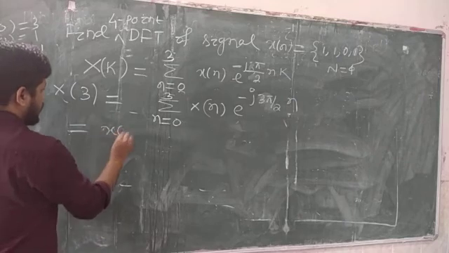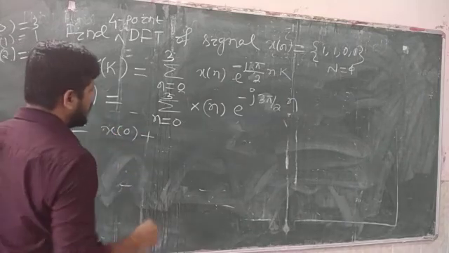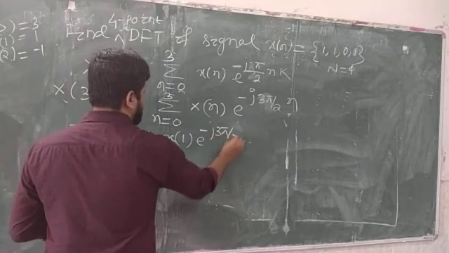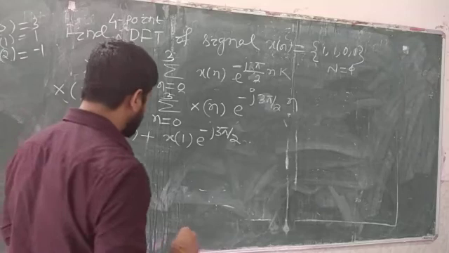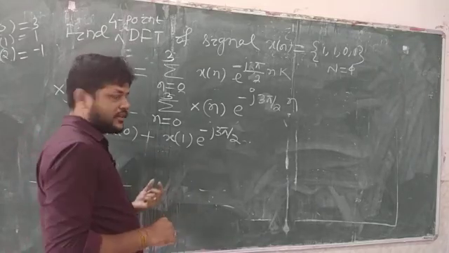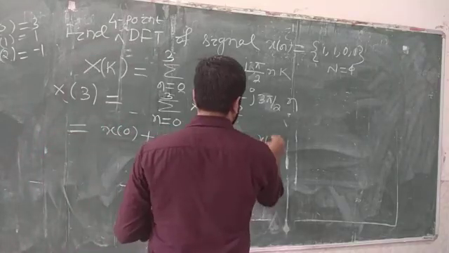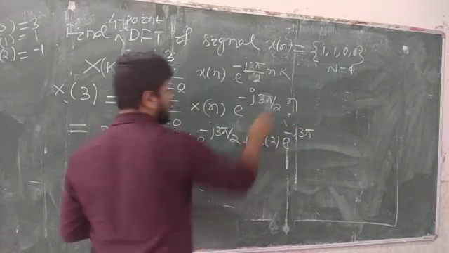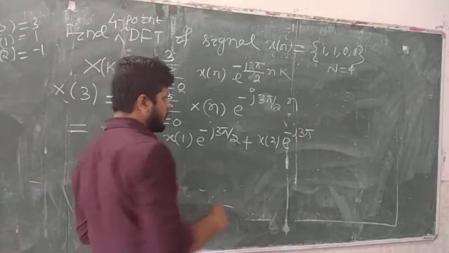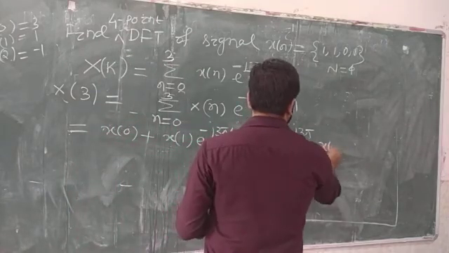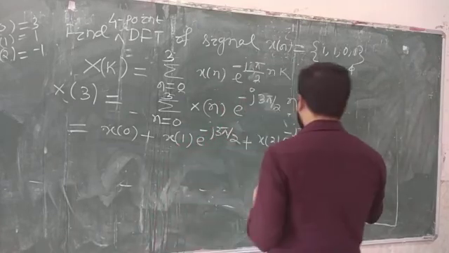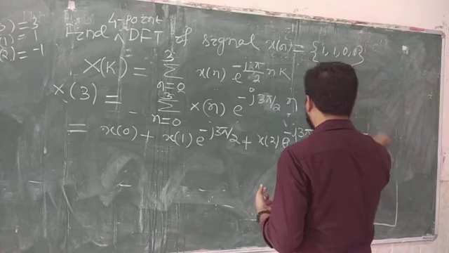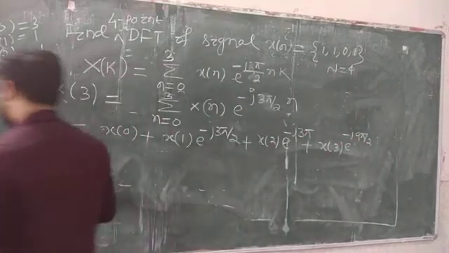So x of 0 plus x of 1 e to the power minus j, in place of n we have to put 1, hence e to the power minus j 3 pi by 2, plus x of 2 e to the power minus j 3 pi, because in place of n I am putting 2, so the 2 cancels out, e to the minus j 3 pi, plus x of 3 we have e to the power minus j 9 pi by 2.